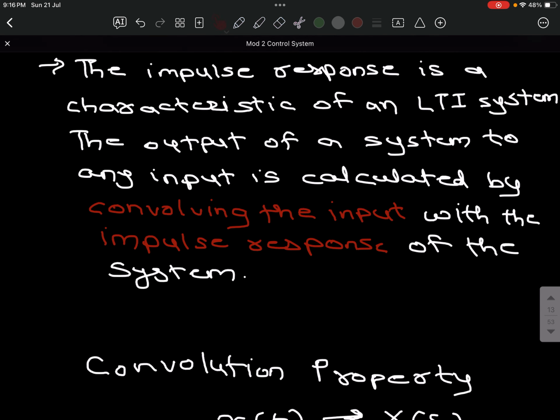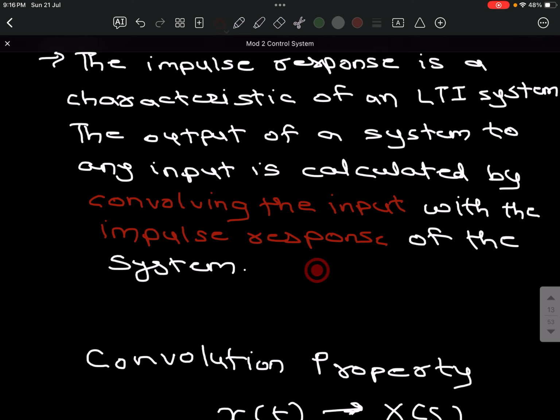The output of a system, which is y of t, to any input, which is x of t, is calculated by convolving the input x of t with the impulse response h of t. So what does it mean? If you want to find the output y of t, it will be equal to the convolution of the input and the impulse response.